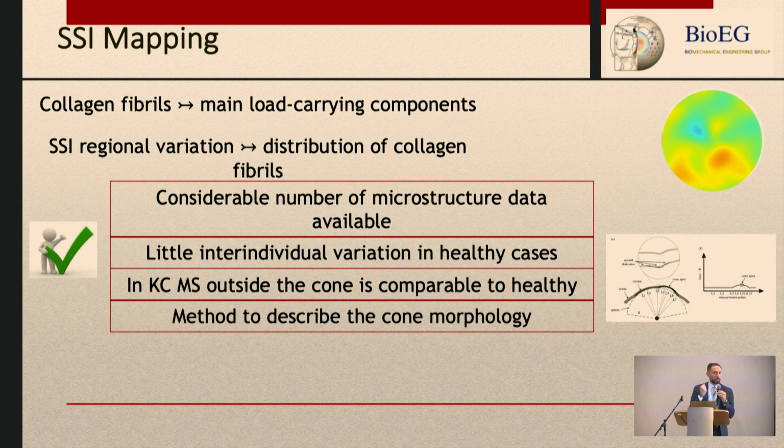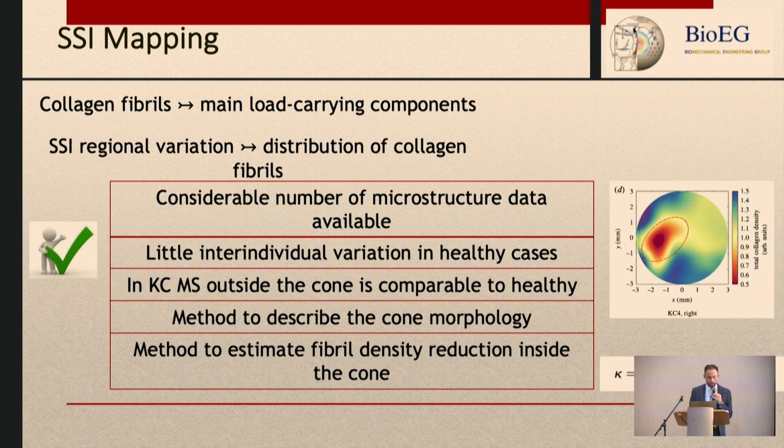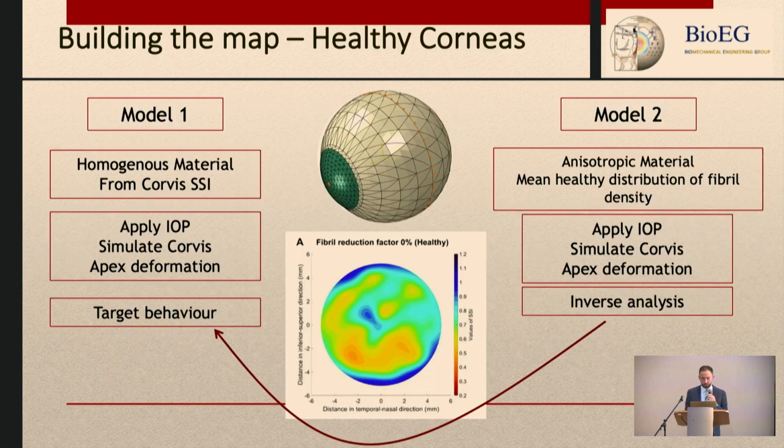So they created a method to describe cone morphology, which is very easy to do. And then they used a method coming from X-ray in keratoconus corneas that were transplanted to estimate the fibril density reduction inside the area of the cone. So you have the morphology, you have the X-ray, and you say, well, this is the amount the fibril density was reduced based on the morphology. It's an estimation, so it's not perfect.